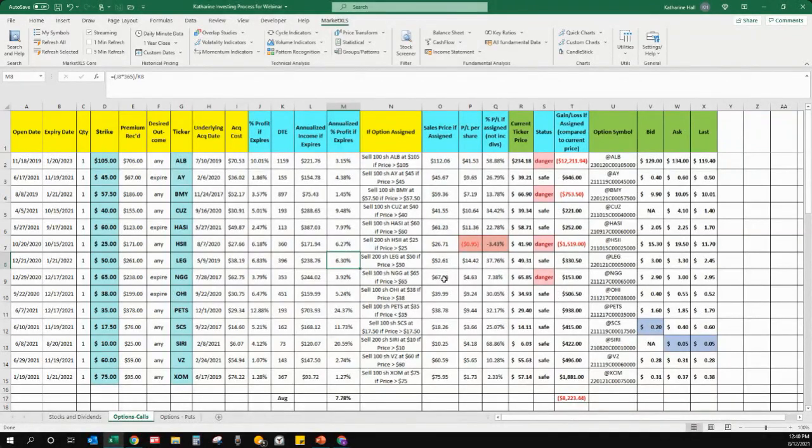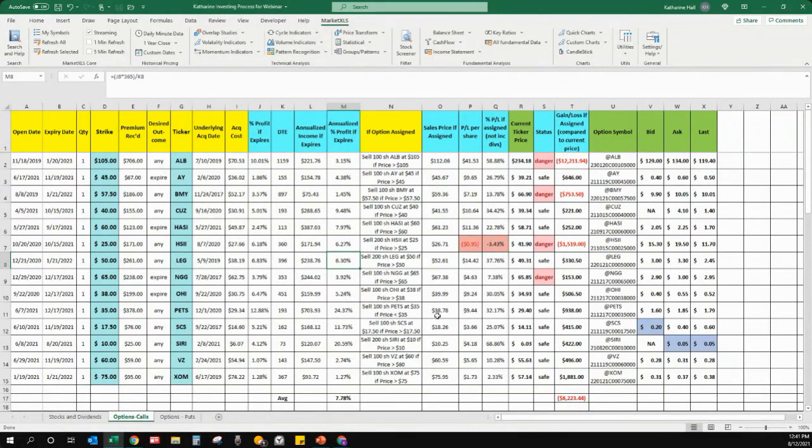Okay, Katharine, another quick question from Bernard. Katharine, would you ever, rather than roll an ITM call, let it assign and sell a lower strike put at a decent premium? If so, what thought or criteria? Yes, yes, sometimes I sell calls for the specific purpose of exiting my position in the shares.